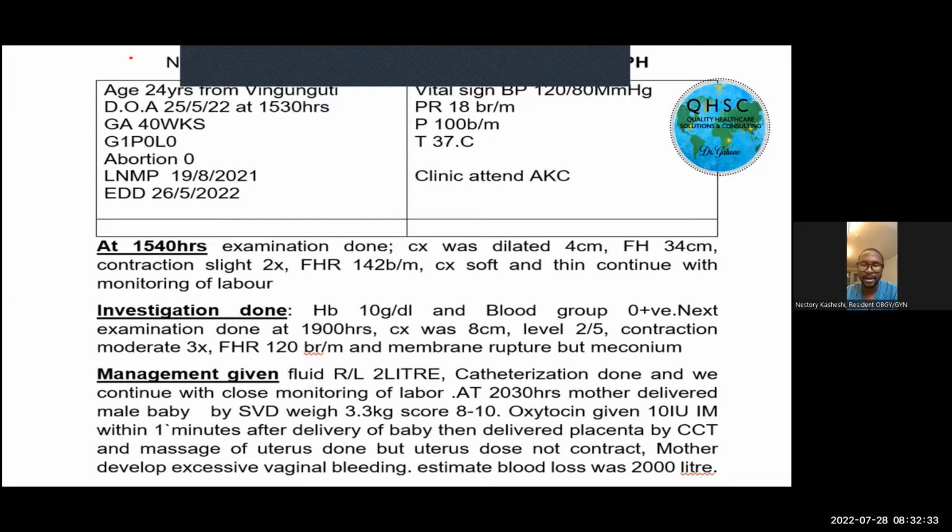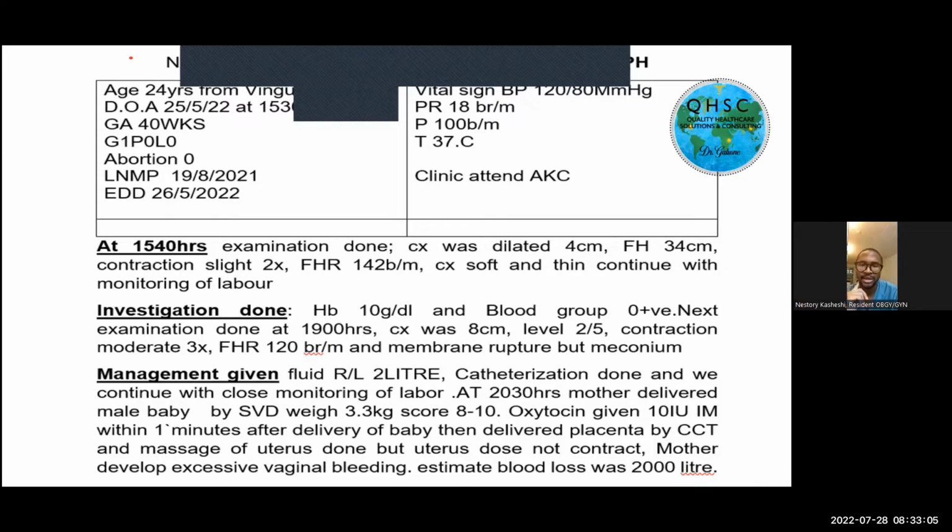Normally the midwife can calculate how many drops and how many milliliters per hour, like 120 milliliters per hour. Then if the uterus has contracted, you decrease the dose, maybe to 60 milliliters per hour, until you phase out the oxytocin.